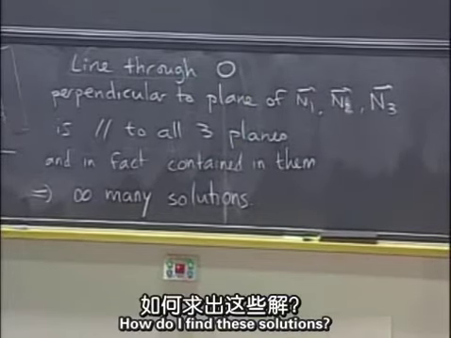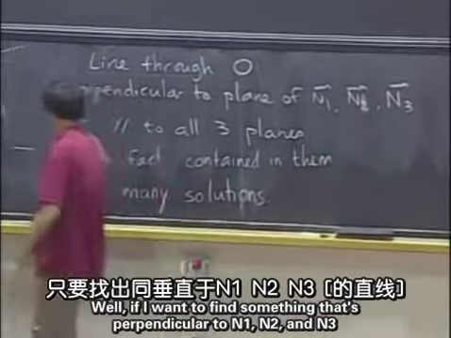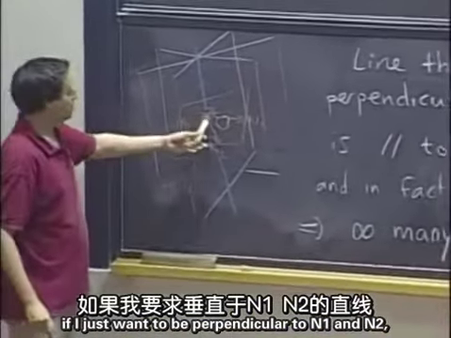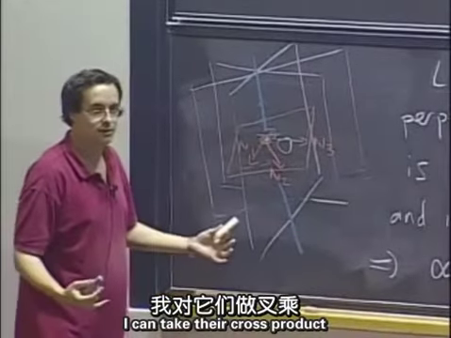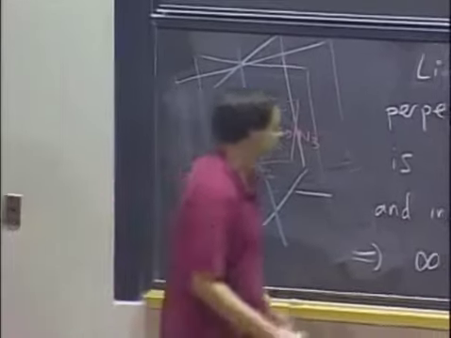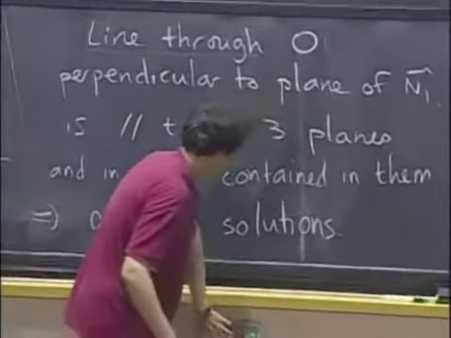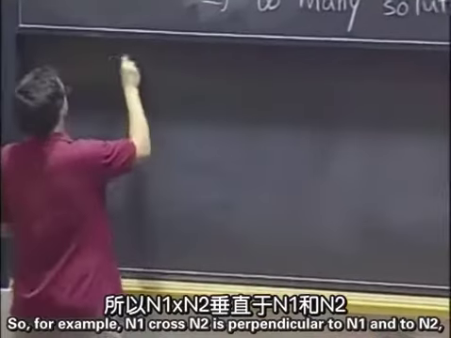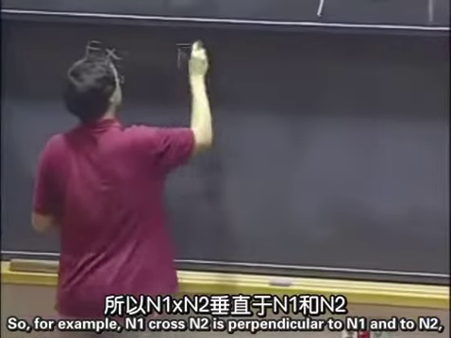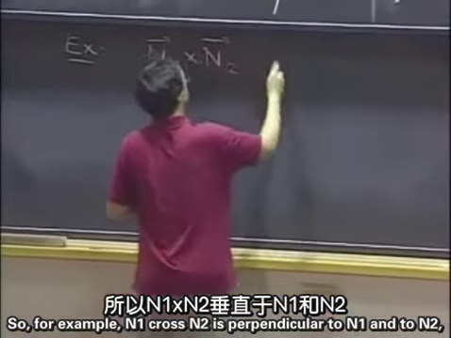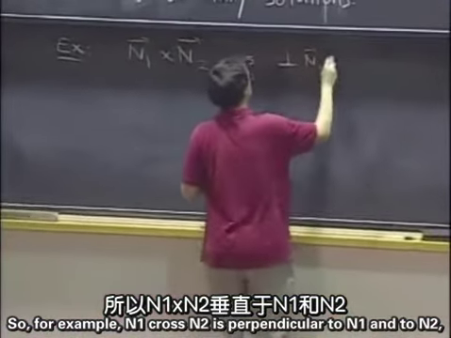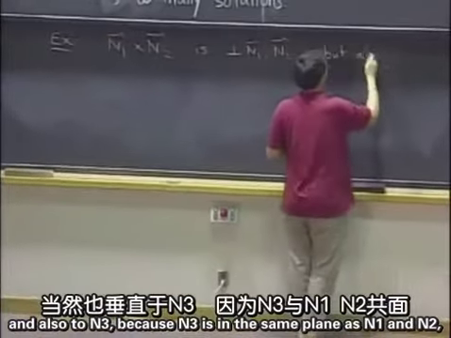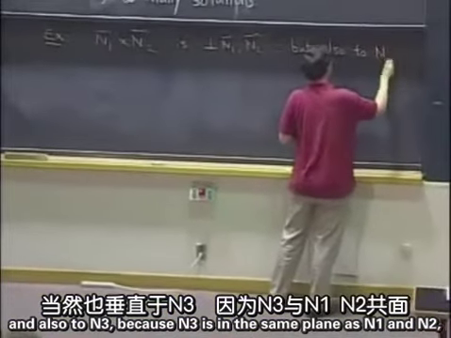And how do I find these solutions? Well, if I want to find something that's perpendicular to n1, n2, and n3, well, if I just want to be perpendicular to n1 and n2, I can take their cross product, exactly. So for example, n1 cross n2 is perpendicular to n1 and to n2, and also to n3, because n3 is in the same plane as n1 and n2.